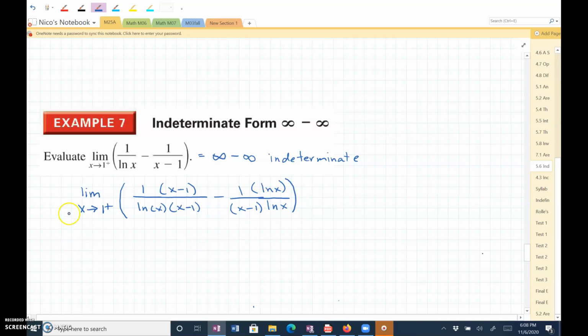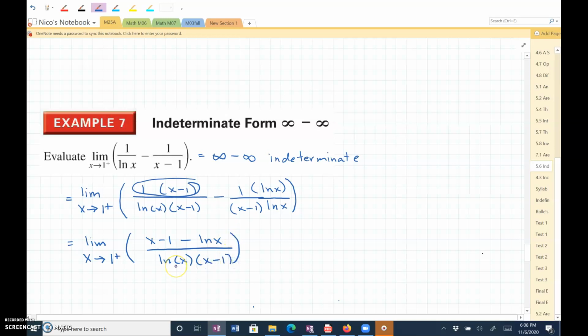So now I've got the limit as x approaches 1 from the right of x minus 1 minus natural log of x, all over the natural log of x times x minus 1.